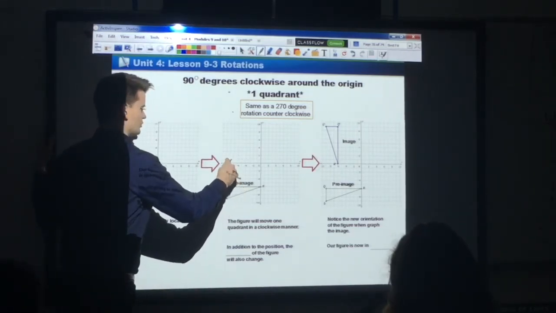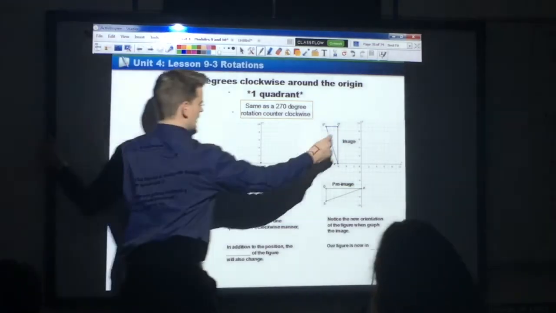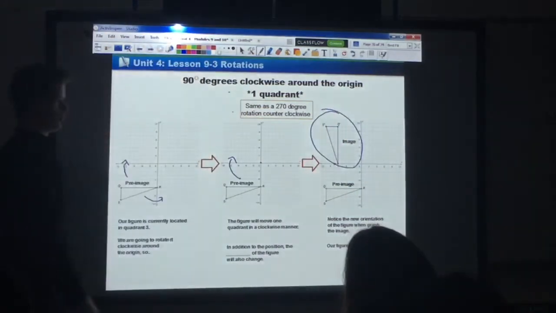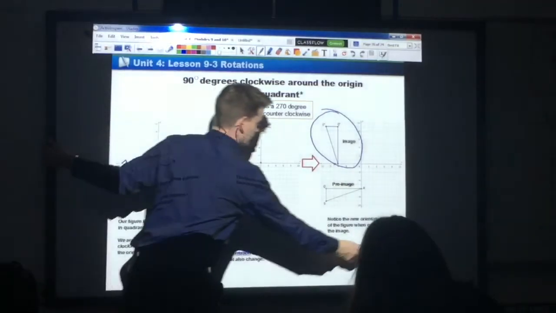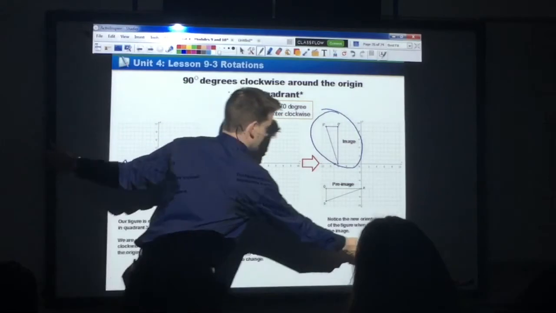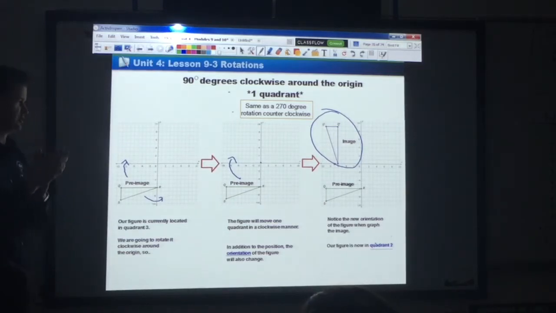The pre-image would move 1 quadrant up because we're rotating it 90 degrees around the origin, and it would end up right there in quadrant 2. So we start in quadrant 3, we change the orientation, and our figure ends up in quadrant 2. Notice that when we rotate a figure, the position will change and the orientation of the figure will change. I'll let you write that in and I'll explain orientation again just to make sure we're on the same track.